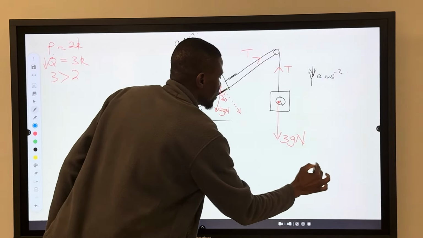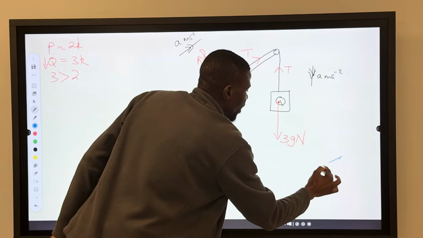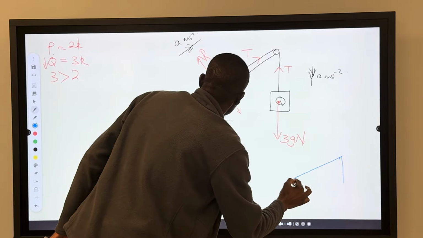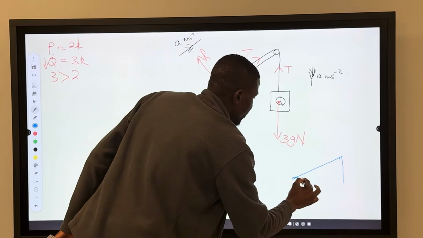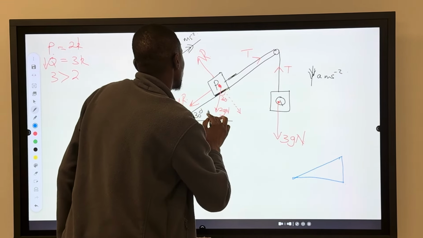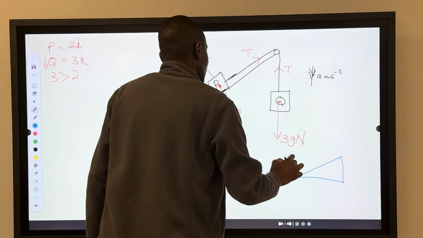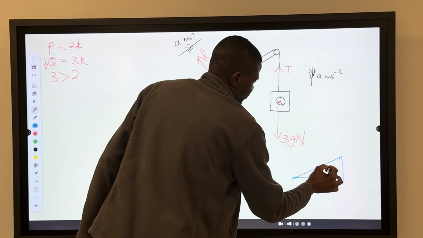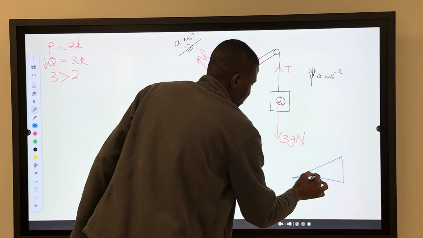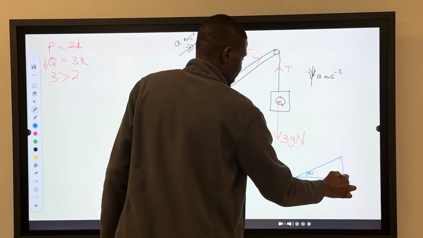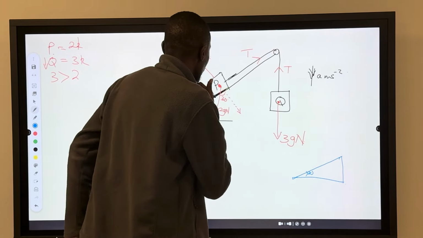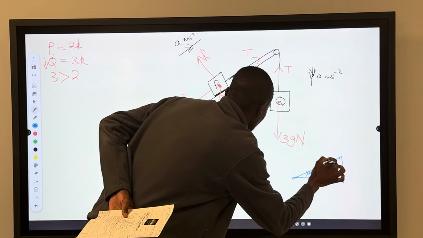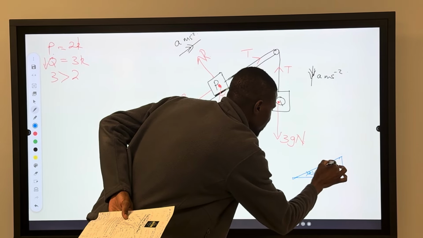If we look at this, we have a right triangle, something of that sort. This is, say, 30 degrees, and obviously that's our 90. Then we have this part here, which is acting vertically downwards.